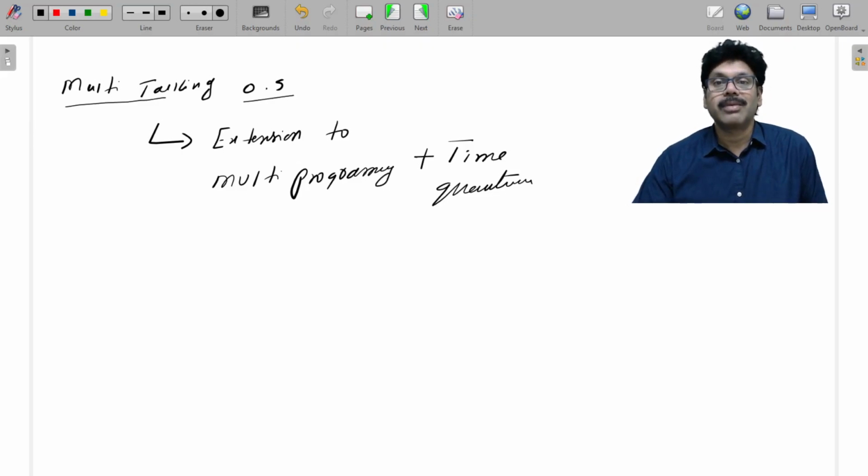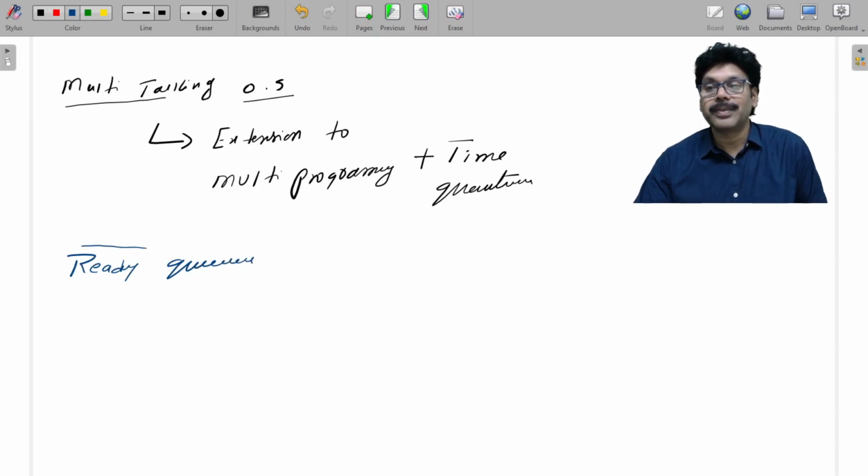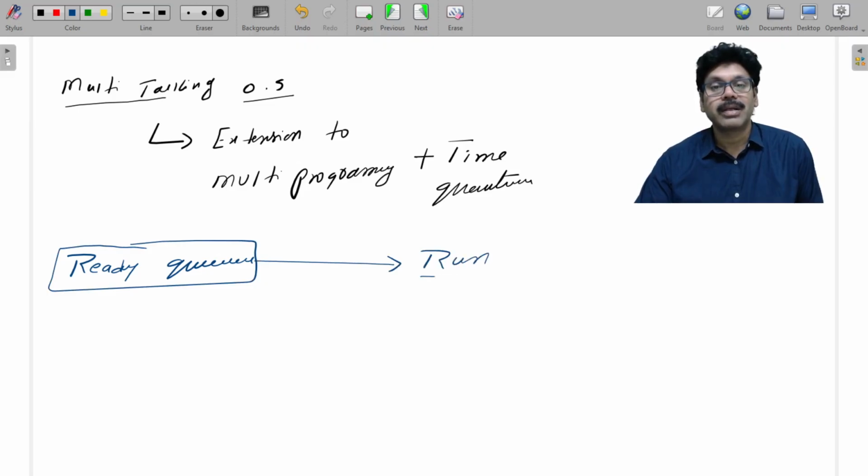So what is the idea here? Whenever a group of processes are available in the ready queue, the ready queue dispatches jobs one by one to the CPU, which is nothing but the run state.